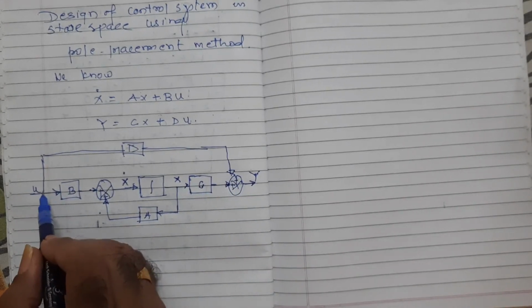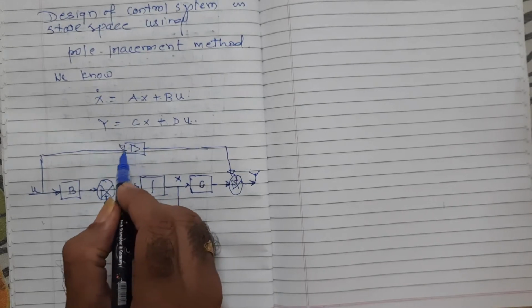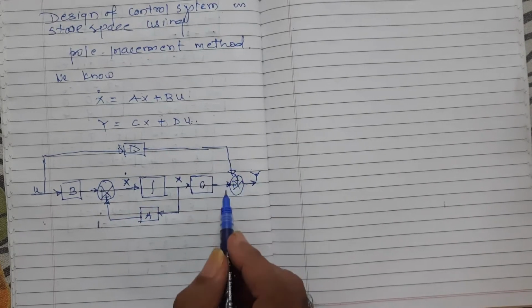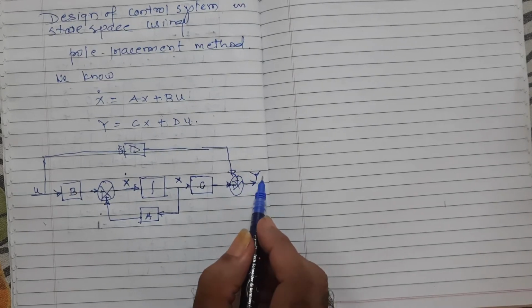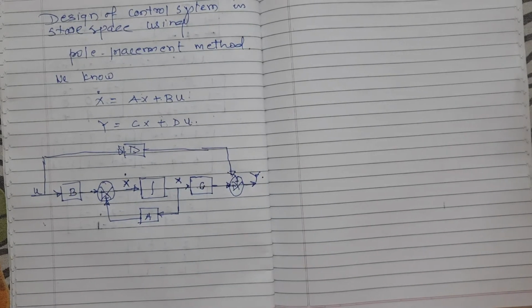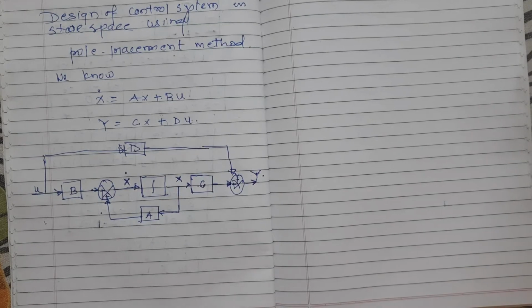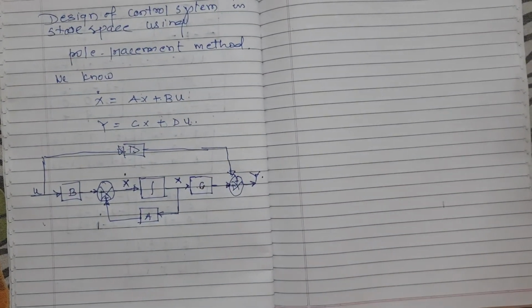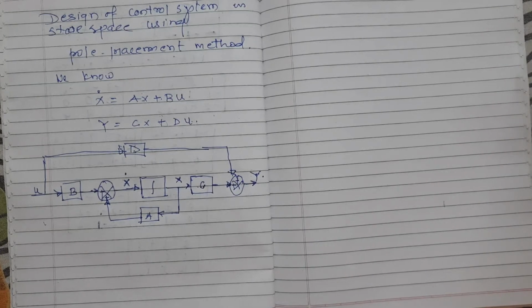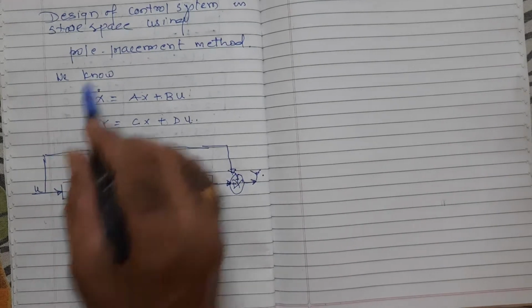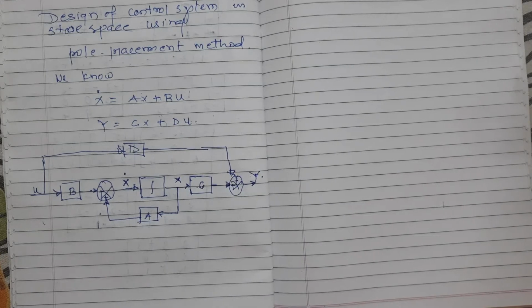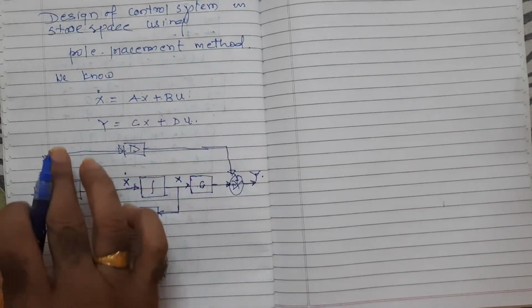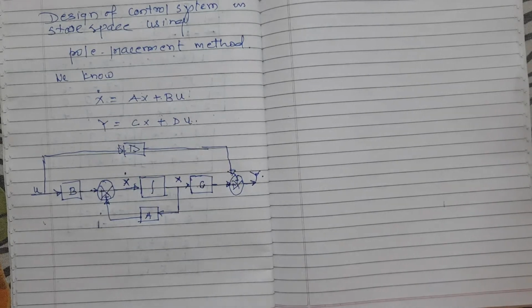And this u goes through another block, that is d, and du comes here, so cx plus du is equal to my y. So we have this type of system from the state equations, my simple feedback system, from x dot equals ax plus bu and y equals cx plus du.